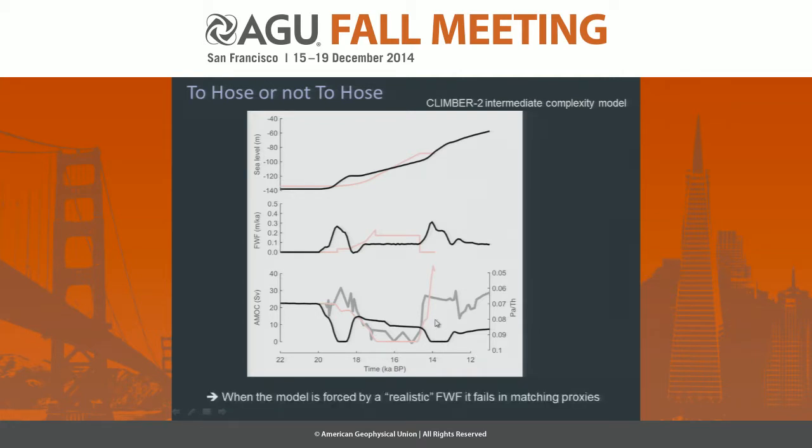So what's the conclusion of this? In my opinion, what this indicates is that when the model is forced by a realistic freshwater flux in the North Atlantic, it fails to match proxies.